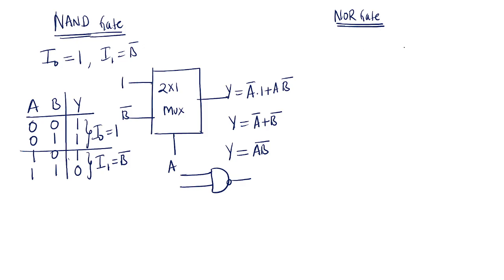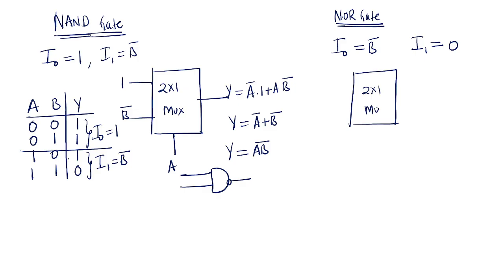NOR gate. Try for the NOR gate. What is I naught? I naught equal to B bar. I1 equal to 0. So you got the 2 cross 1 mux. I naught is B bar, I1 equal to 0.